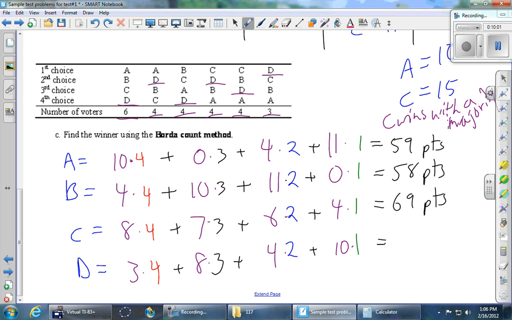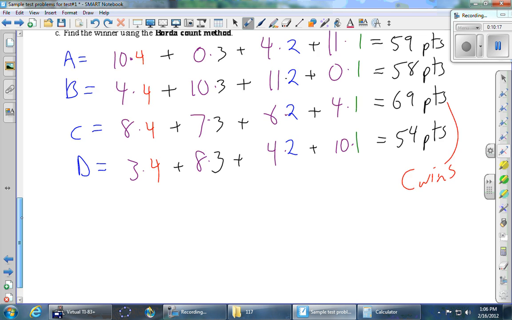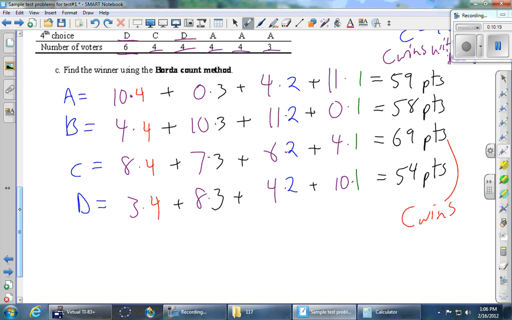Okay, 12 plus another 24 is 36, plus 8 is 44, plus 10 is 54. And so our winner is C. With 69 points.